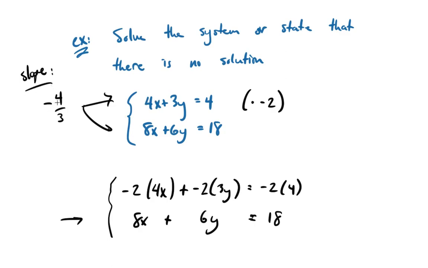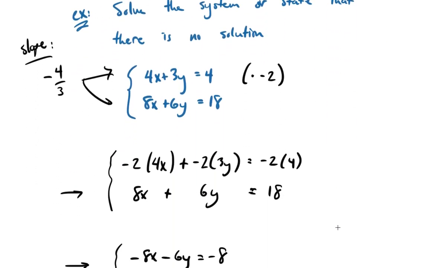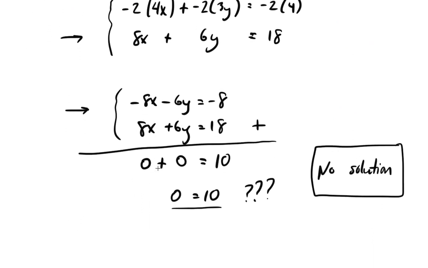So these are going to be parallel or the same. And remember, that's parallel lines corresponds to no solutions. The same line corresponds to infinitely many solutions. So anytime you try to eliminate one of your variables and both variables disappear, that means you either have no solution or infinitely many, and that's only going to depend on what you get down here. If you get 0 equals 0, that means infinitely many solutions. If you get 0 equals literally anything other than 0, that means there's going to be no solution.